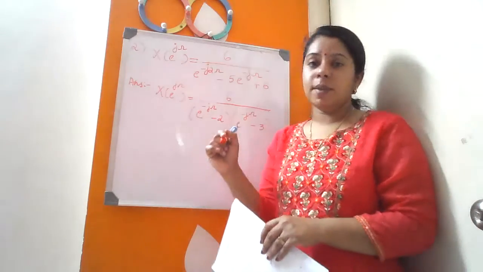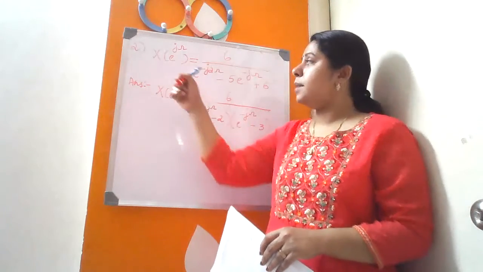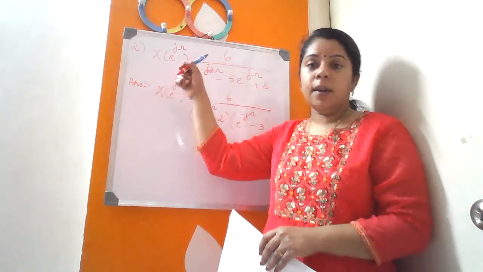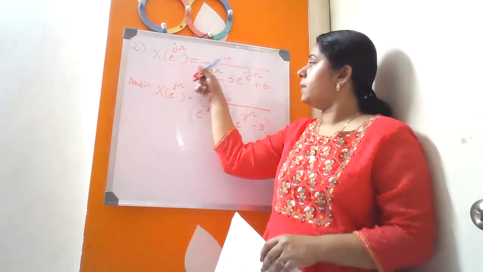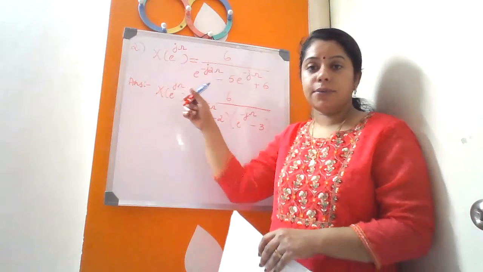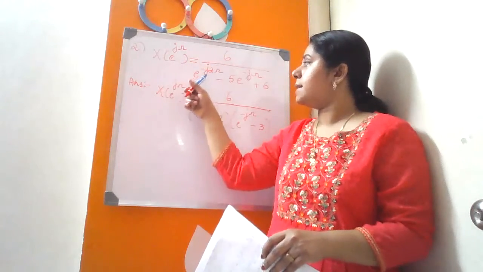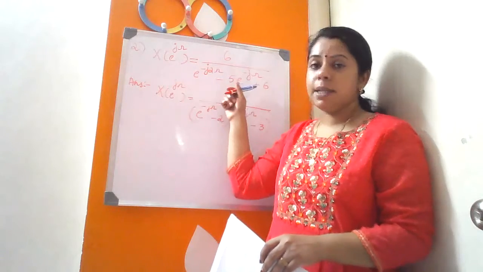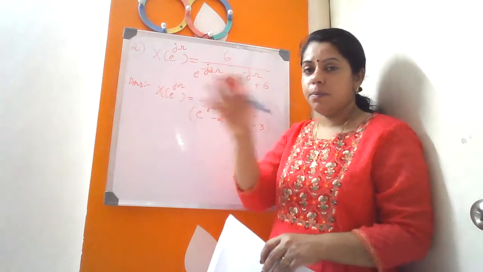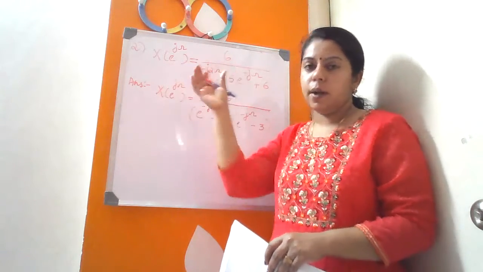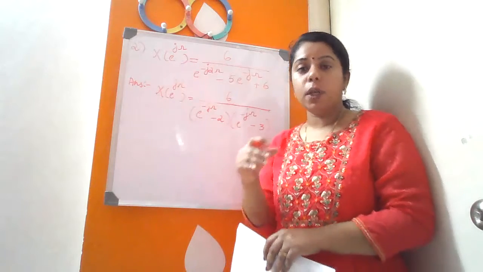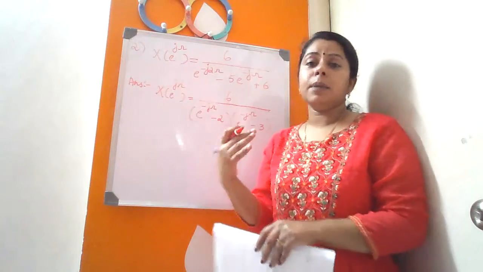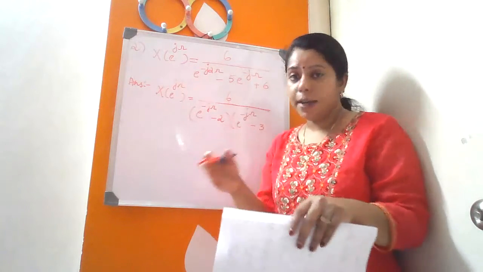Now let us go to the second problem. In the second problem, the Fourier transform coefficient is given like this. You can see that it is of the form a square minus 2ab plus b square, some quadratic equation form. So first factorize it.